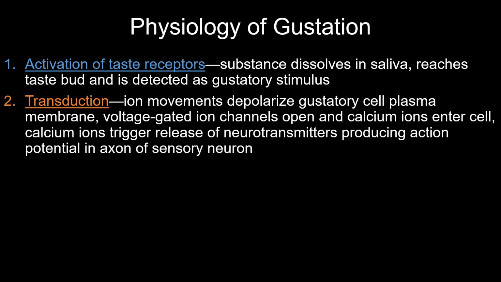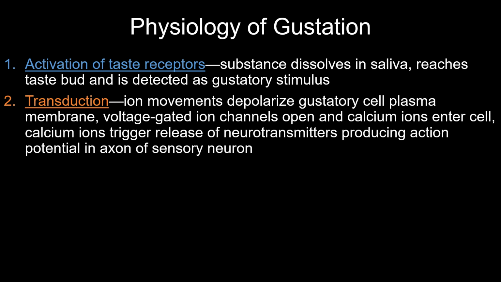And so what do we have next? We have the calcium ions triggering the release of neurotransmitters, which produce an action potential in the axon of the sensory neuron. These gustatory cells release neurotransmitters, which then bind to the axons that they're close to, and these can include serotonin, glutamate, acetylcholine, and GABA.